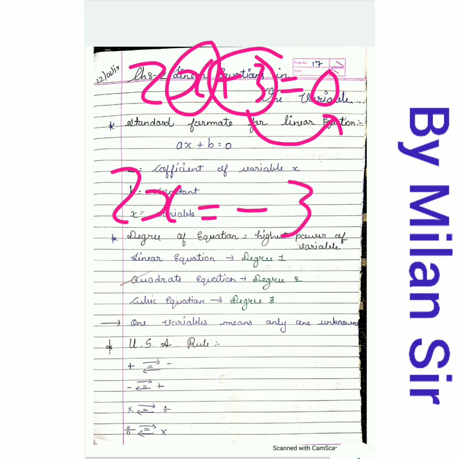Plus is converted into minus. And again, if we transfer this minus 3 to the left hand side, it becomes plus 3. Negative becomes plus if we cross the border.